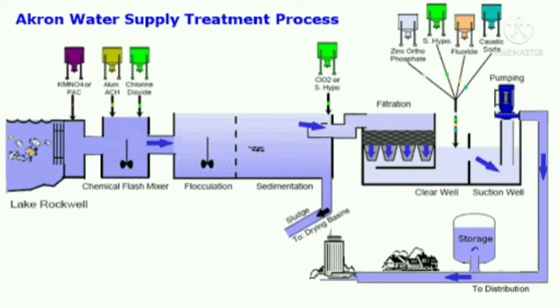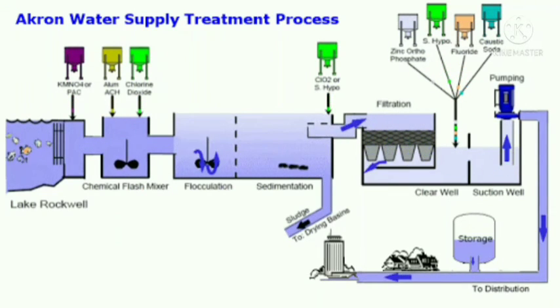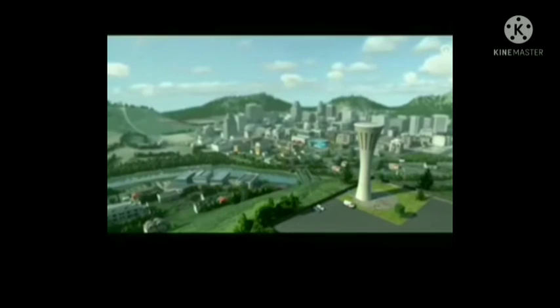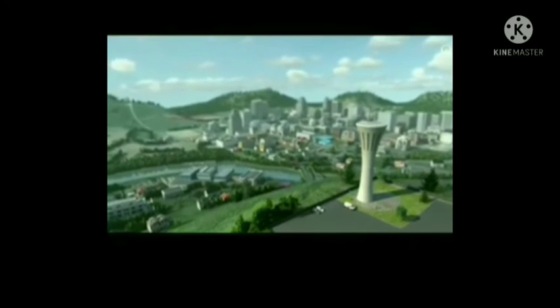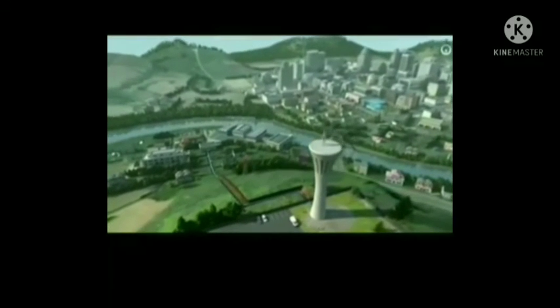Second, in the public water supply system, water from rivers is pumped to a water treatment plant. After treatment, the water is pumped up to a water storage tank situated higher than the houses in that area.